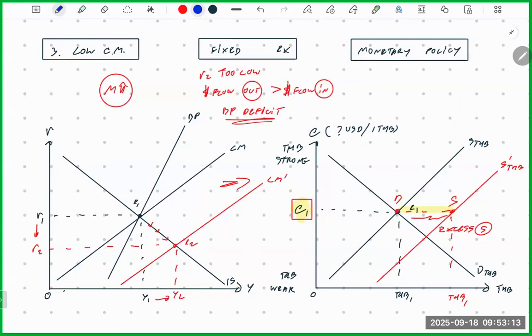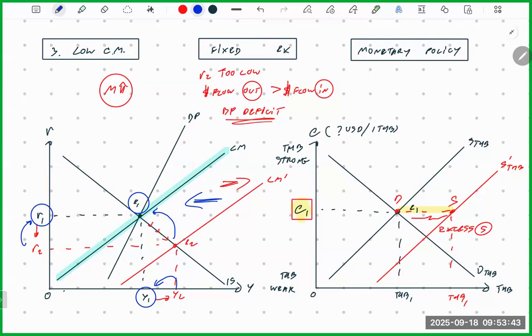It means that the LM curve is going to shift back to the left, going back to the original line, right? Which means the equilibrium point goes back to E1, GDP goes back to Y1, the real interest rate goes back to R1.